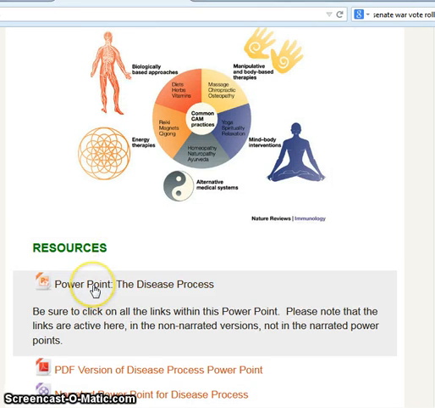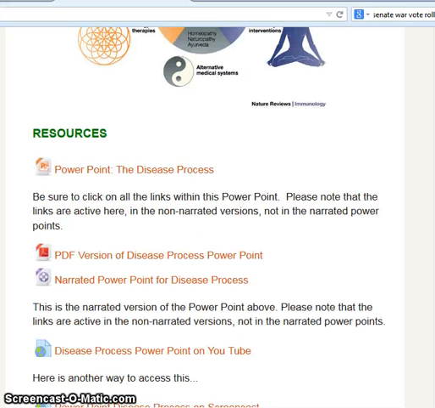Every week I have a PowerPoint for every chapter, narrated and non-narrated, so that they all contain the same information. I have quite a number of active links in the PowerPoints, and the best way to get the active link is in the original PowerPoint with the little P icon, but I have smaller versions as well.